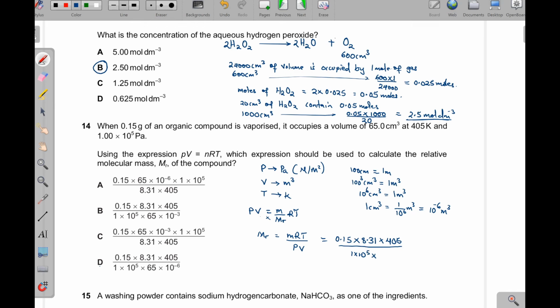Then times the volume, which is 65, but it is in cubic centimeters. We have to multiply it by 10 to the power of negative 6, such that it is in meters cubed. And when you look at this one here, 0.15 times 8.31 times 405, you will find it here. So that means our answer is supposed to be D.